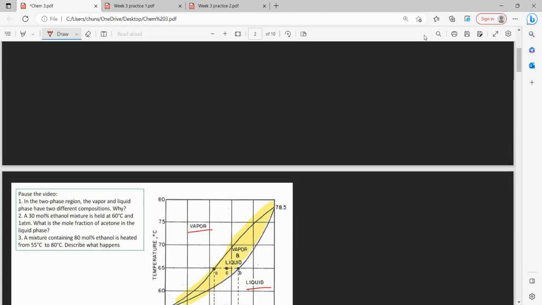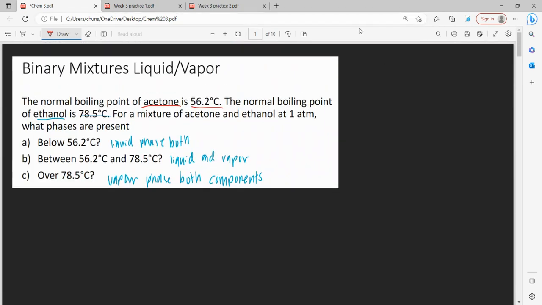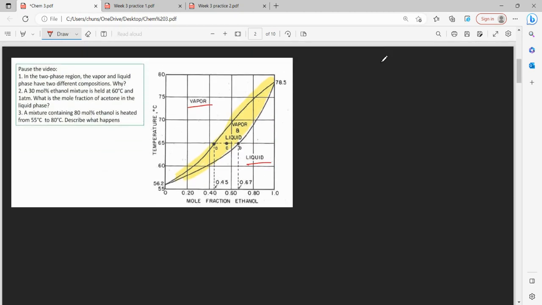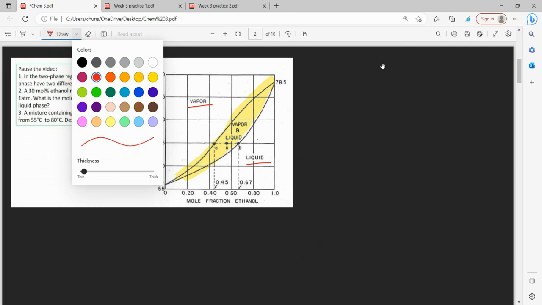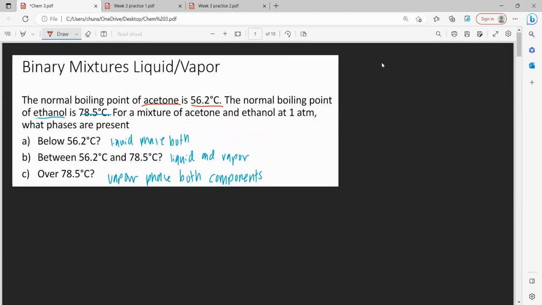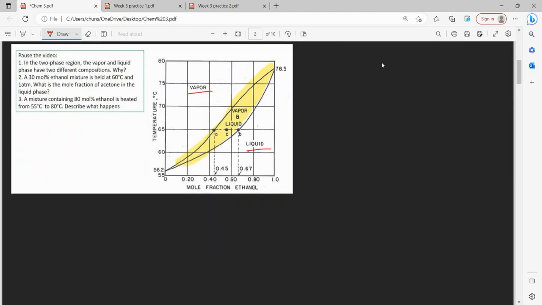So from our previous question above, this graph is a visual representation of that information. So we're still going to have our mix of ethanol as well as our acetone. Mole fraction of ethanol: if we have a mole fraction of 1, that means this is 100% ethanol.